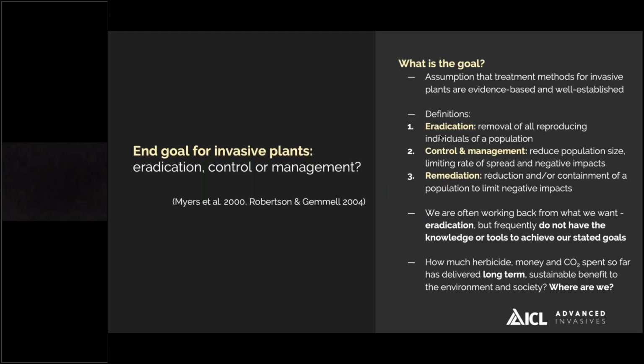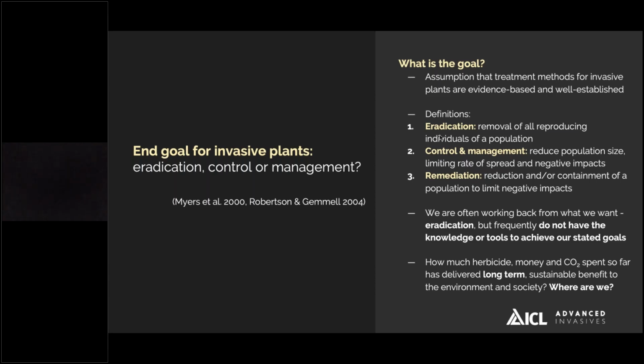I think it's worth considering what exactly eradication, control and management are. I think there's a misconception that eradication is what we should always be aiming for with all invasive plants. Now, in certain cases, such as knotweed, removal of all reproducing individuals of a population is going to be very, very difficult.